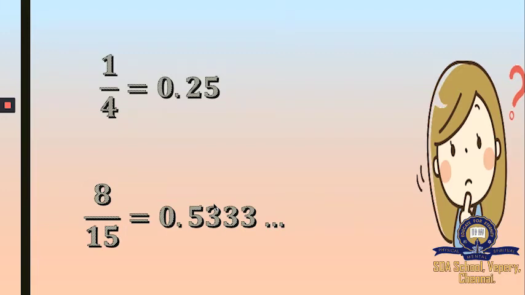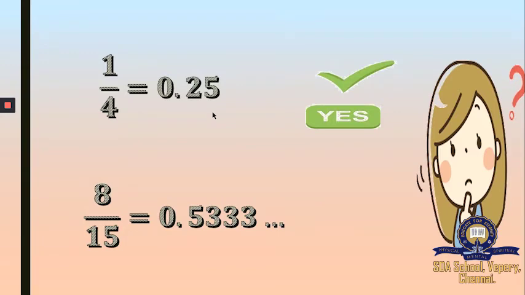Now we need to identify which one is a terminating decimal and which one is non-terminating. So in the first step, if you divide 1 by 4, the answer is 0.25. Can you tell me whether this is terminating or non-terminating? It is terminating, right? Because the digits after the decimal point end and do not go on forever.